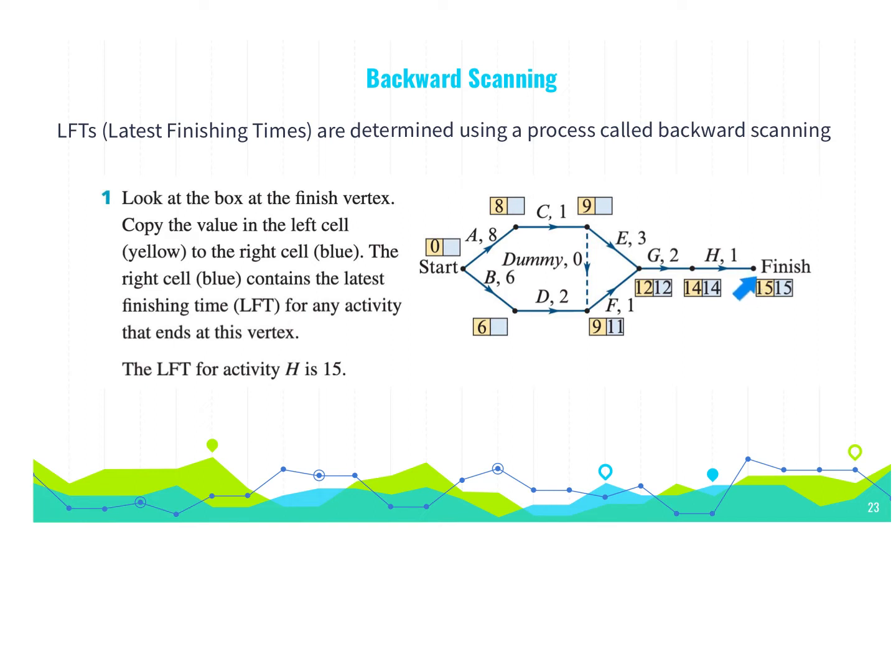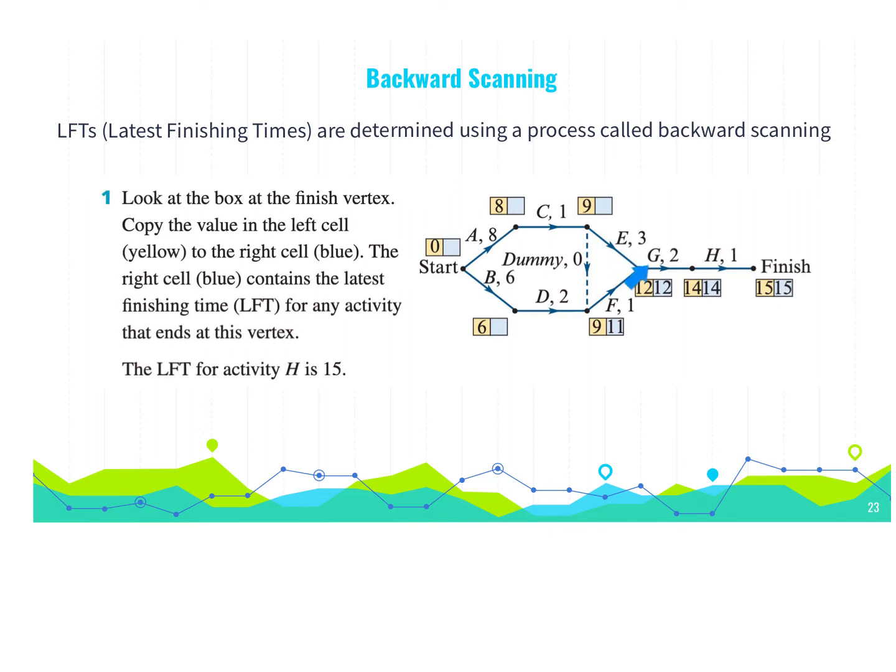So what we do is we start at the end vertex and we put a 15 in here. Now if we go back, this will be 14, meaning that the latest finishing time for G will be 14 in order for it to get to 15. Now same thing here, the latest finishing time for this activity F and E will be 12 in order to make that time 15 there.